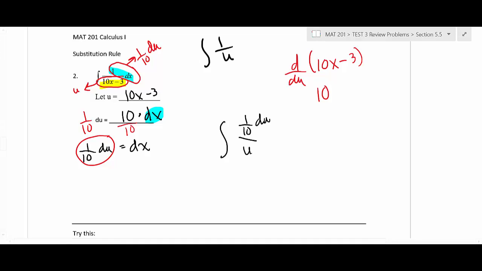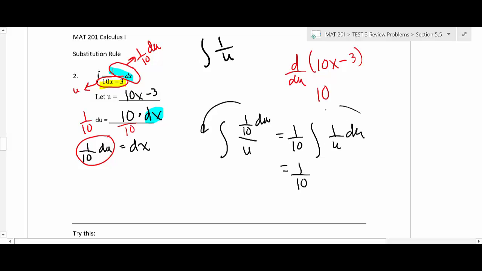What can you do with 1/10? Bring it out, it's constant. So that gives 1/10 times the integral, and you can write that as 1 over u du. What's the antiderivative of 1 over u? ln u plus c. Make sure you have the absolute value around the u.